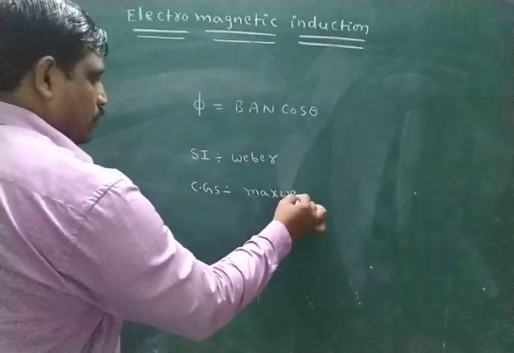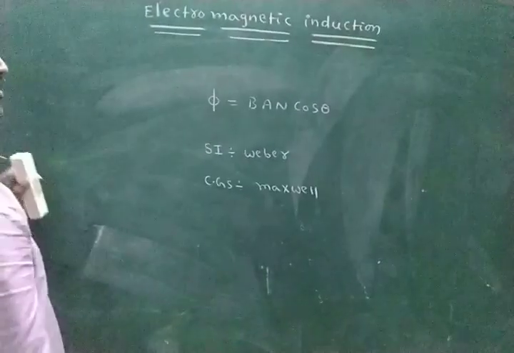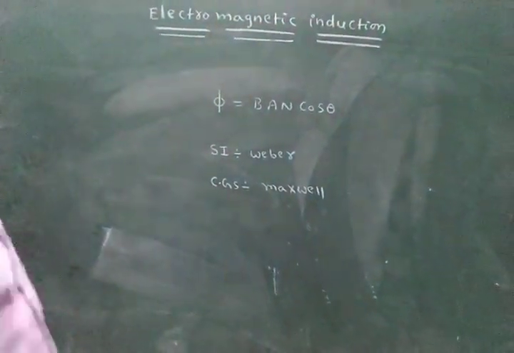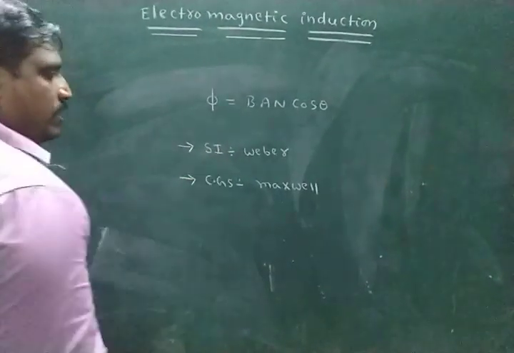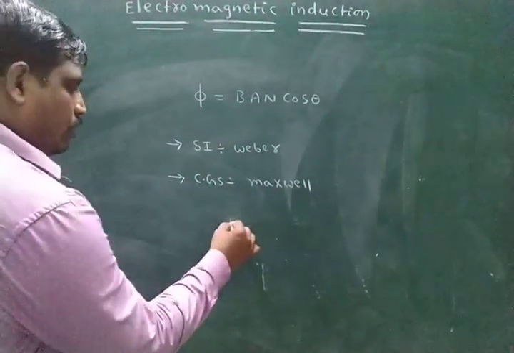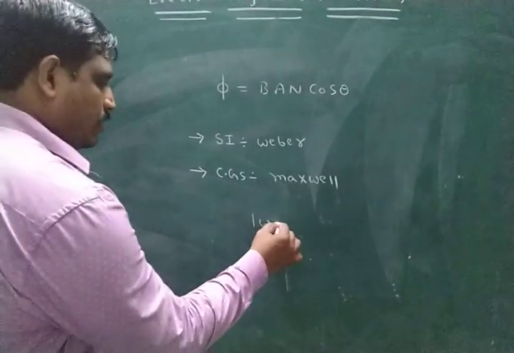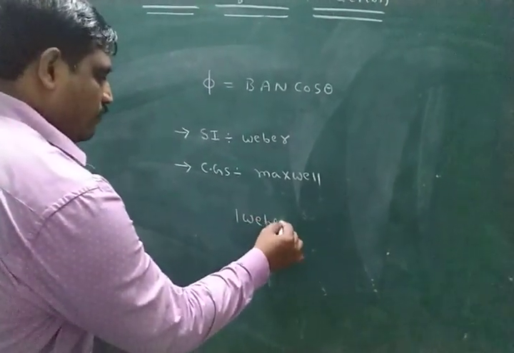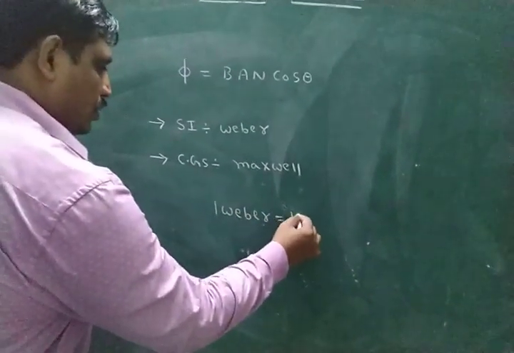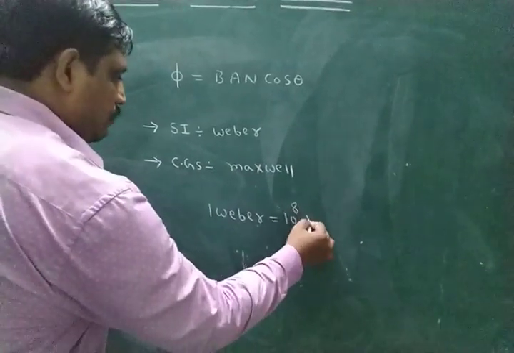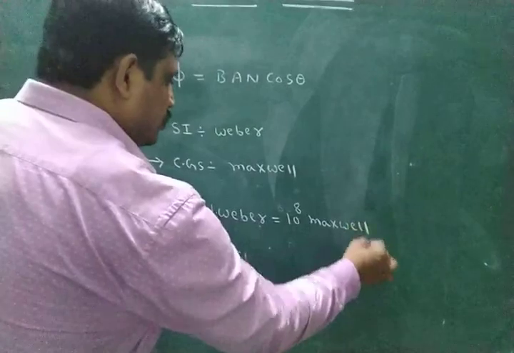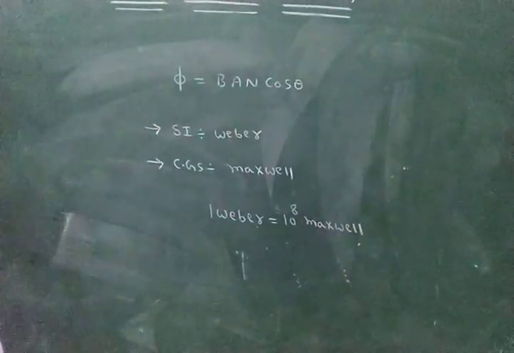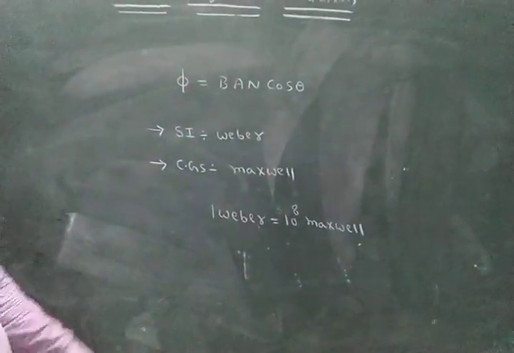SI unit of flux is Weber. CGS unit of flux is Maxwell. According to the relation, Weber equals 10 power 8 Maxwell. This is the relation between SI unit and CGS unit.